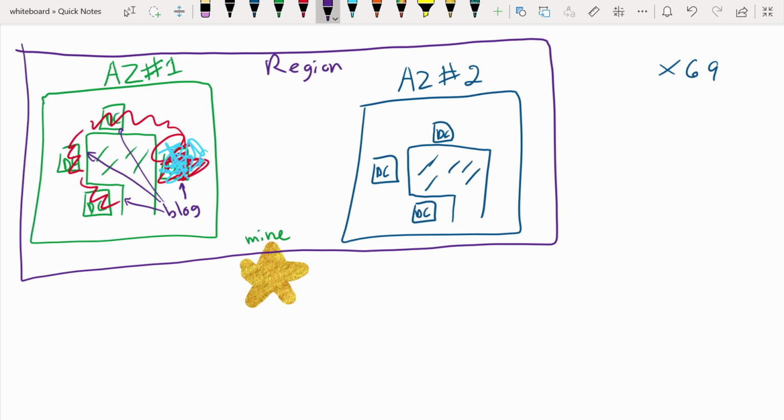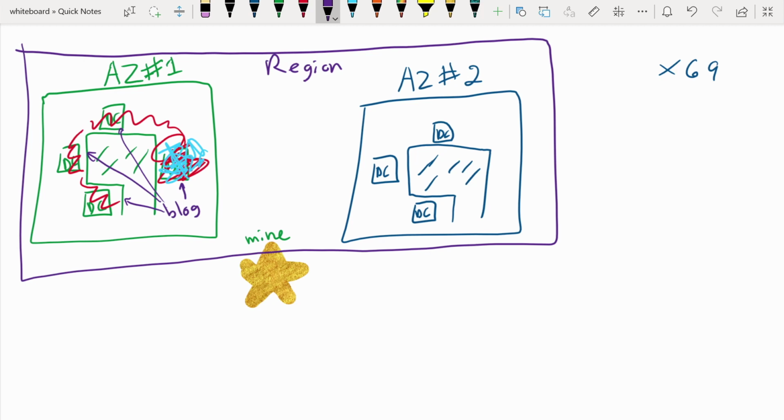So this area is a region. There's a certain distance inside of that region in between these availability zones as you see it in the drawing. This distance can't be too small. As you said earlier, when an event is happening to one building, it could affect the other buildings around as well.